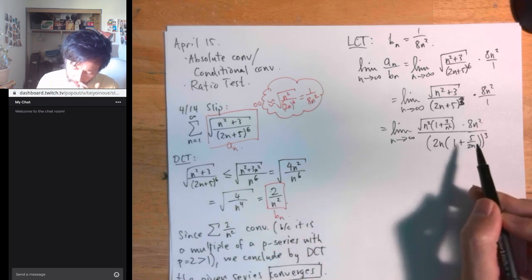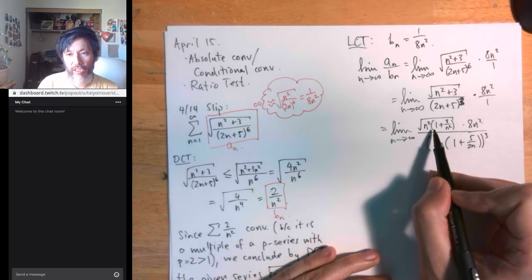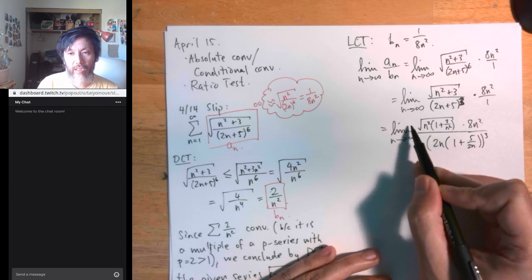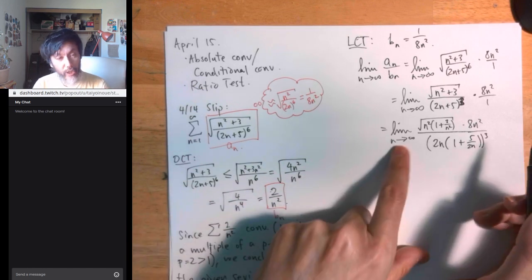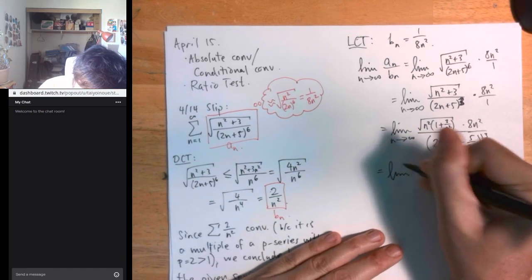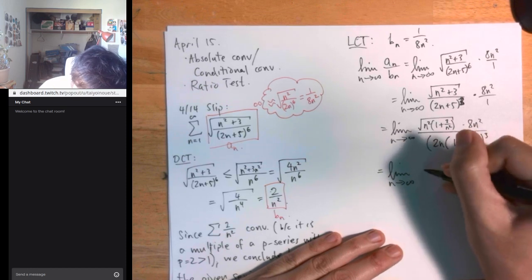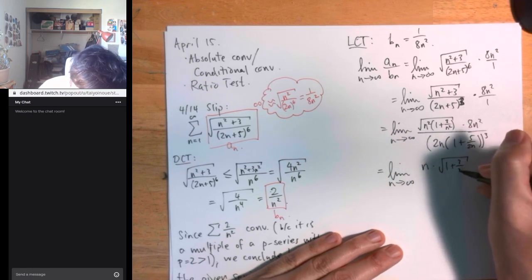Okay, so now I can pull out this n squared. Now if I pull out the n squared from underneath the square root, when it comes outside the square root, it becomes the absolute value of n. But n here is running to infinity, so that's just the same thing as n. So this is n times the square root of 1 plus 3 over n squared.